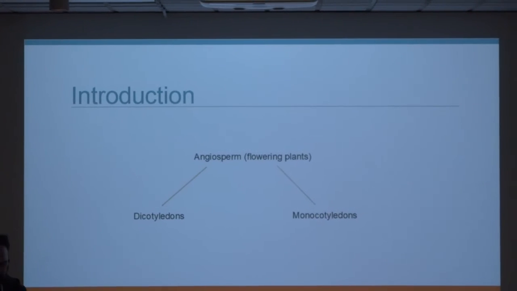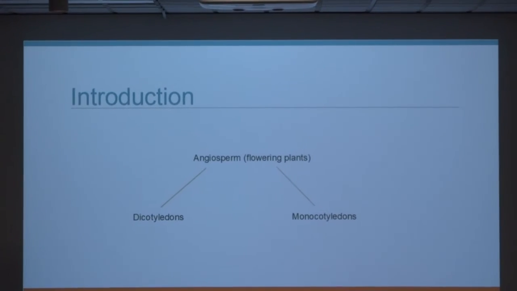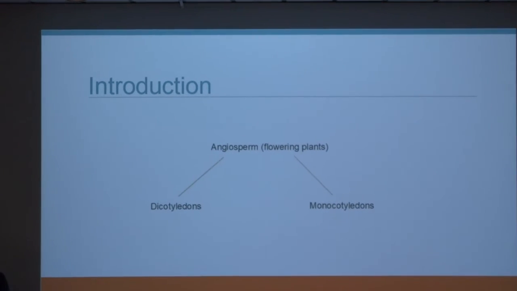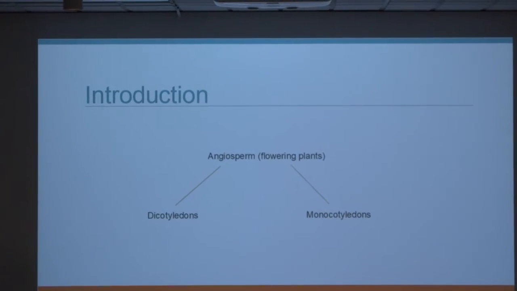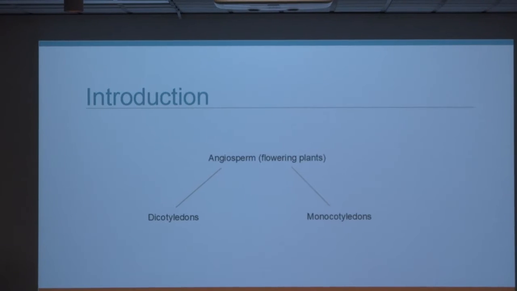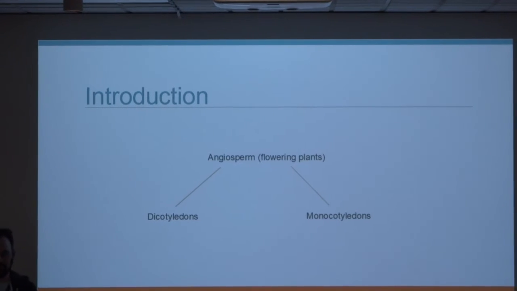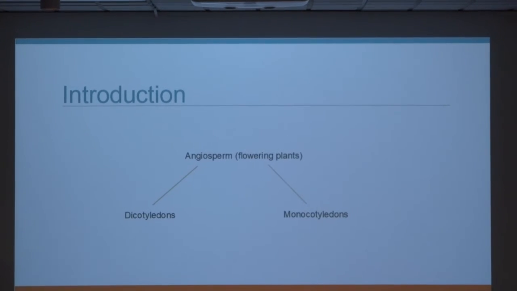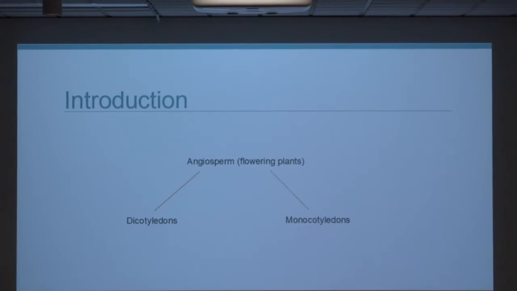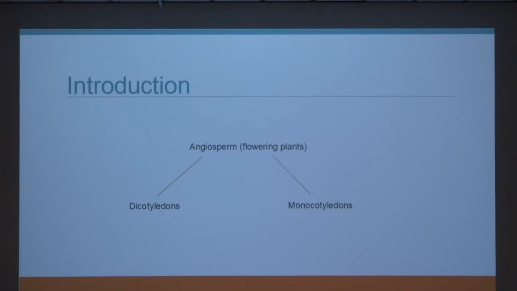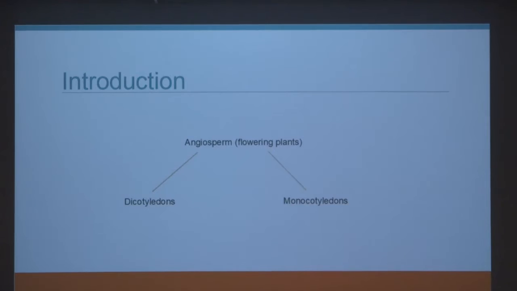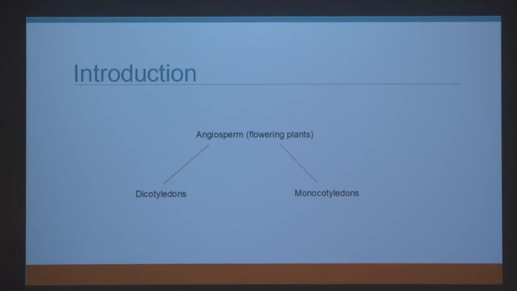Dicotyledons and monocotyledons come from a group called angiosperms, which is the horticulture term for any plant that produces flowers, basically the ones we like to put in our gardens. I'll be talking about the physical differences between the two. While these terms may look intimidating, I promise you by the end of it, you'll at least be able to pick the difference between the two.